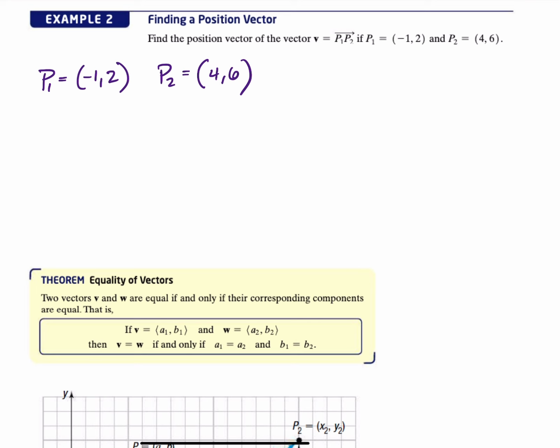So our position vector would have a horizontal component of 4 minus -1. Just got to be careful with the double negatives. And then the vertical component will be 6 minus 2. So that will become 5, 4.